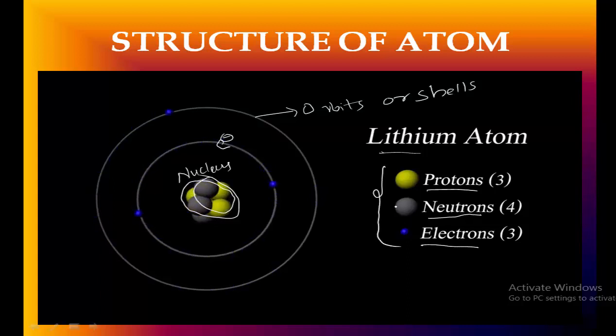These are the three fundamental particles observed in an atom. The protons and neutrons are present in the nucleus, and electrons are revolving around the nucleus. So here, what do these protons have?